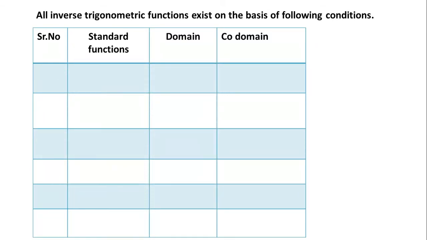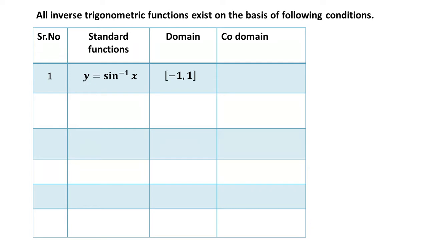Okay, so see here, the first function is a standard inverse trigonometric function, y is equal to sine inverse x. Now this is the inverse of the sine function, so we have to decide its proper domain.